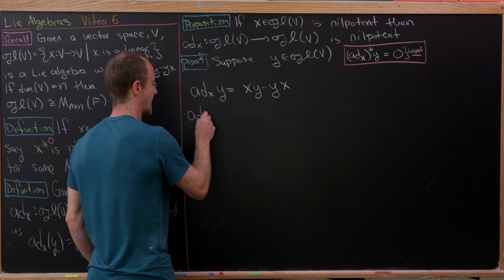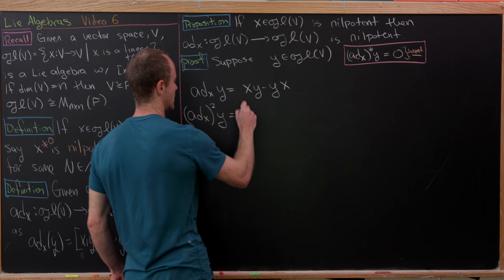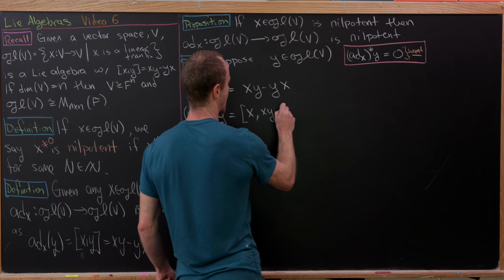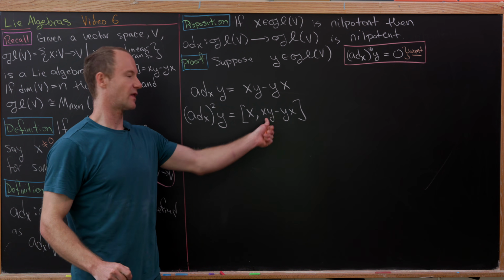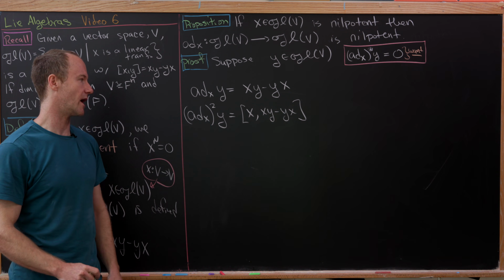Now let's look at ad x squared applied to y. Well, note that that is going to be x applied to xy minus yx, because we've got x applied to ad x of y.